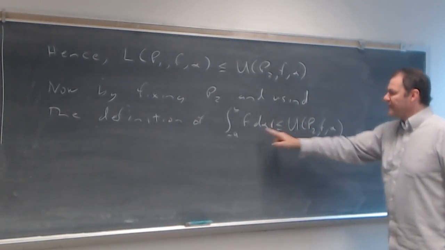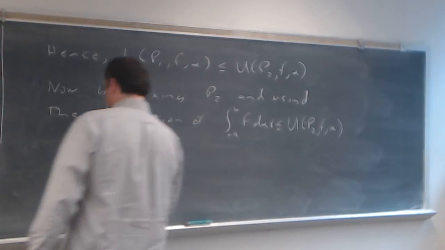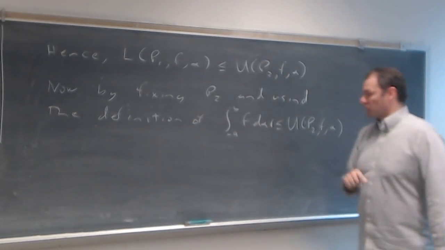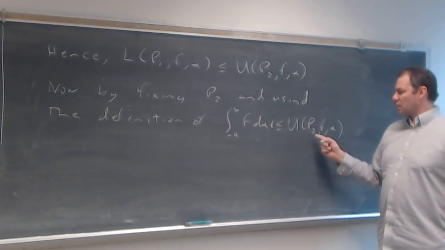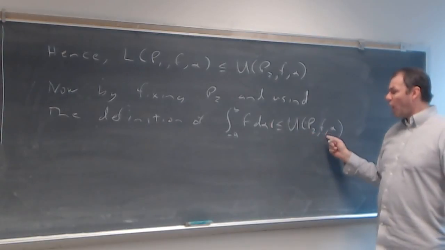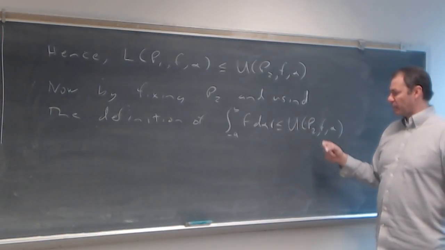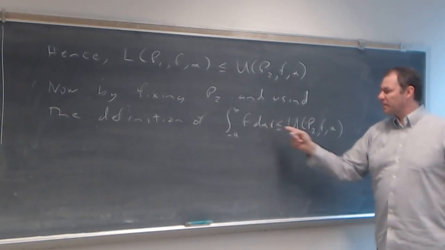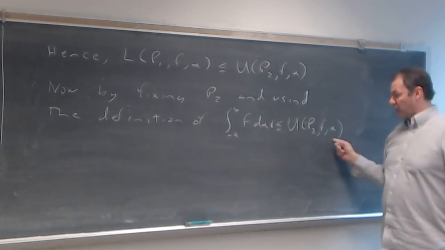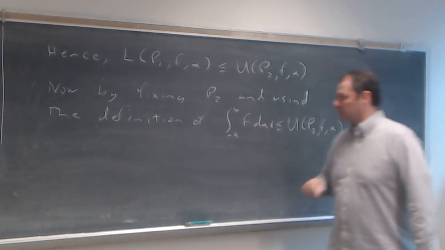But now, looking at it in another direction, this number is a lower bound for the set of all upper sums. P sub 2 could be any partition. And so this number becomes a lower bound for this set. And so the greatest lower bound of the set of all upper sums, the infimum, is going to have to be bigger than or equal to this.